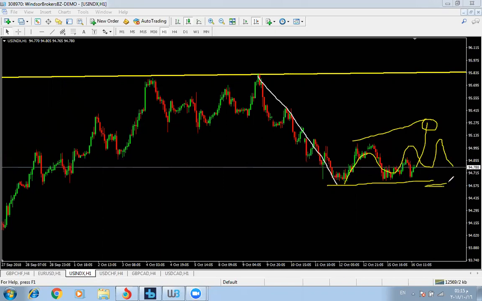So my orders will be triggered right there, so that the price will resume the correction to the downside. I will show you the targets.